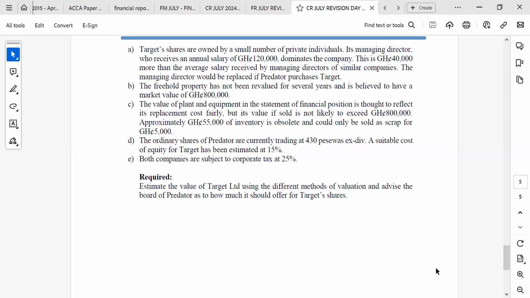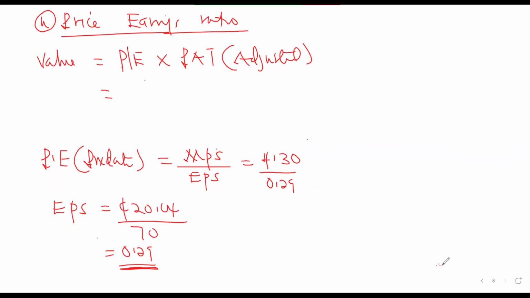It's correct, sir. 100 pesos is 1 cedi. It's 430 divided by 100, so that will be 4.3 divided by 0.29. What are we having? 14.2. So this will give us 14.2. That will be their price earning ratio.